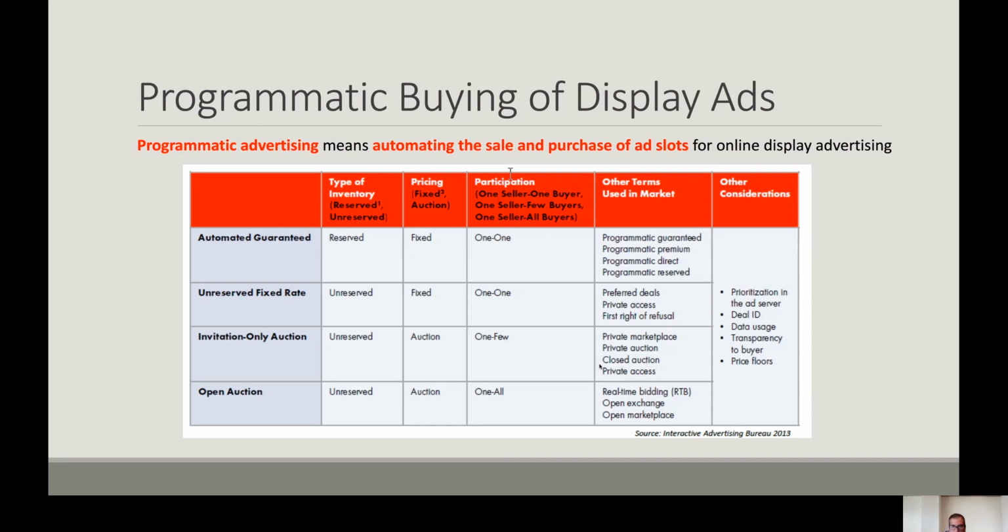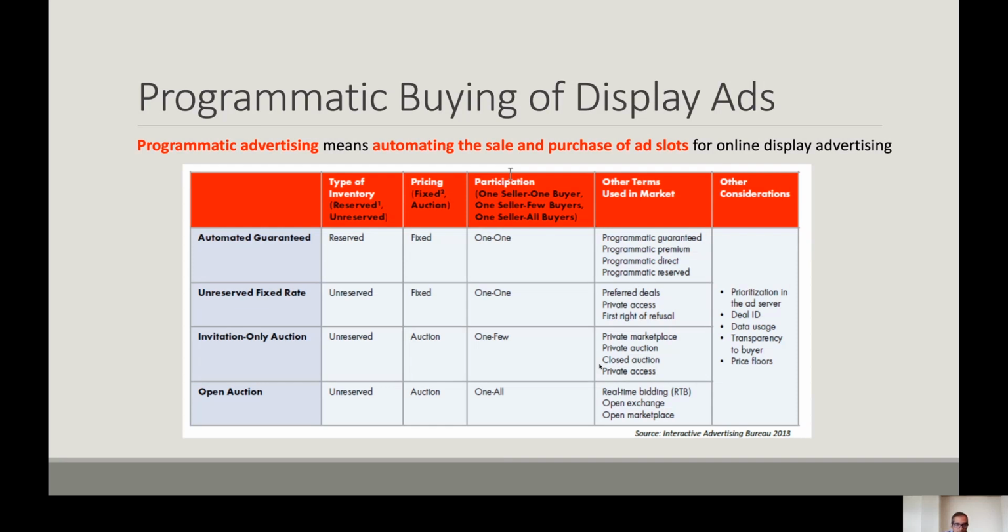The idea is that there's one party selling to another party, right? And the pricing is a fixed price that the selling party has already decided, right? And the ad inventory is reserved for the purchaser.